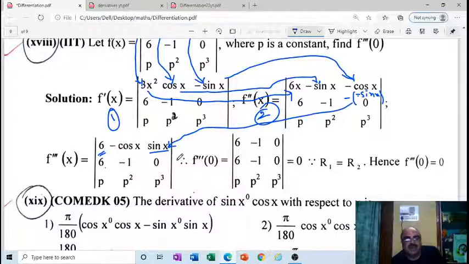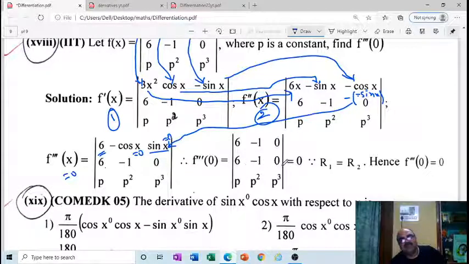Okay, now let's substitute for this 0. For this, we have to put x is equal to 0. Cos 0 is how much? Minus is here. Cos 0 is 1. 1 into minus is minus 1. So 6 remains as it is, minus 1, and sin 0 is 0.